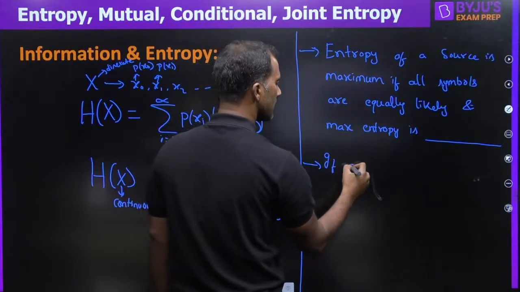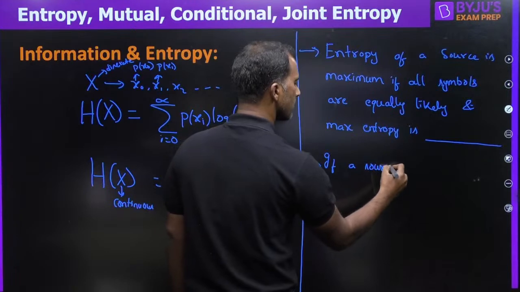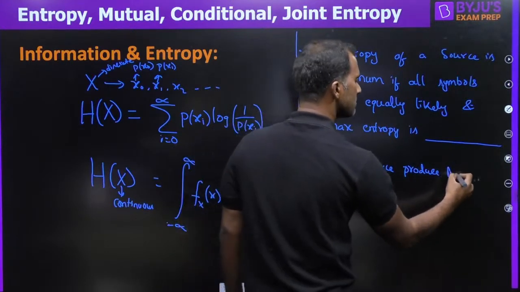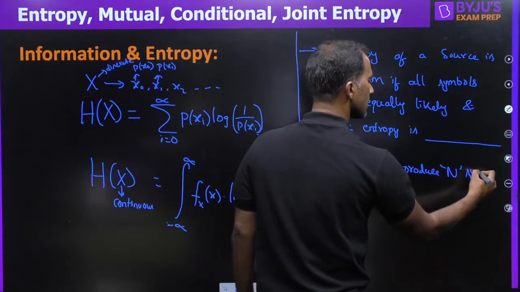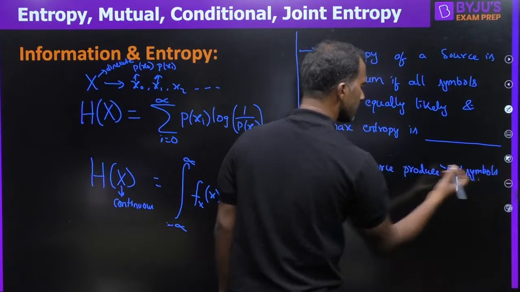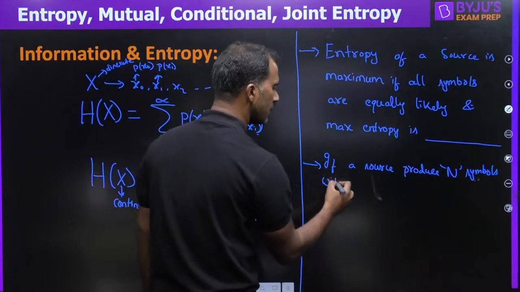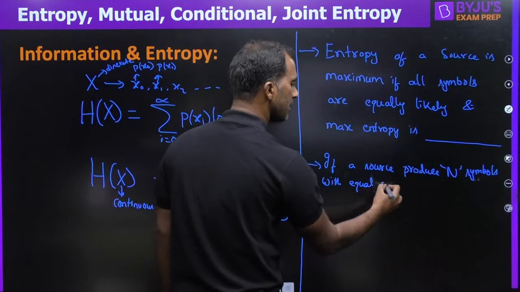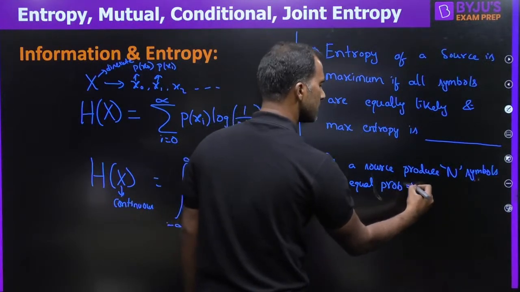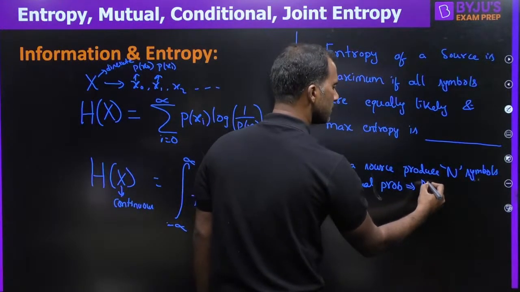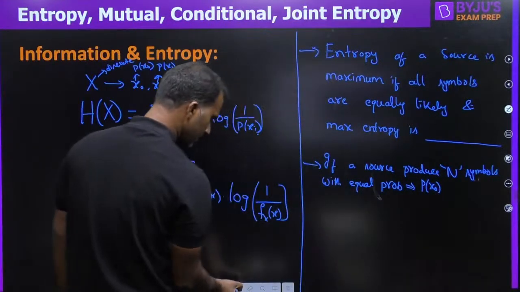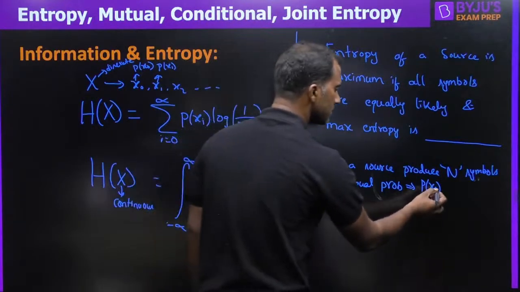If a source produces n symbols with equal probability, with all of the symbols with equal probability, this implies what is the probability of each symbol? What is the probability of x0 or x1 or probability of xi? Anyone?